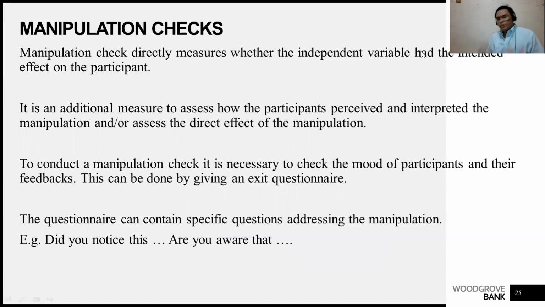So the questionnaire contains different questions. For example, did you notice this? Are you aware that? In a manipulation check, after the experimentation is done and the treatment conditions are met, the researchers and the experimenters are obliged to get the feedback or the responses, or what we call the perception, of the participants involved.